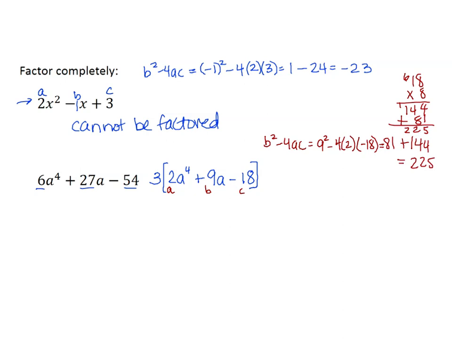So now you can check on your calculator and see if 225 is a perfect square, and you will find that it is a perfect square, which means that this can be factored.